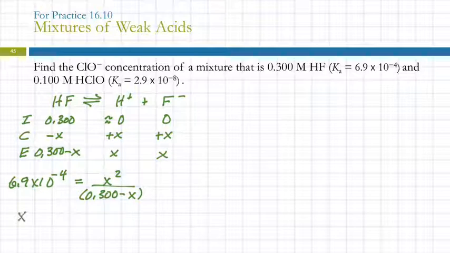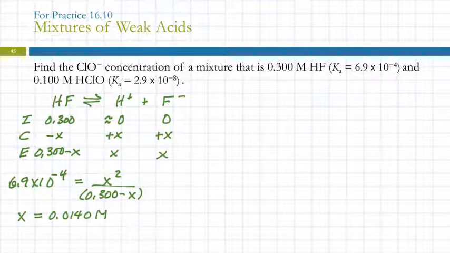Now, you could try the x's small approximation, but again, why bother? 6.9 times 10 to the minus 4 is equal to x squared divided by 0.3 minus x. And so x is equal to 0.0140.